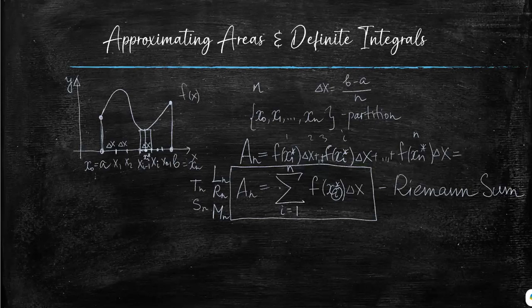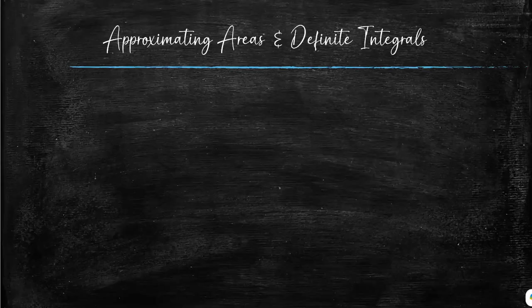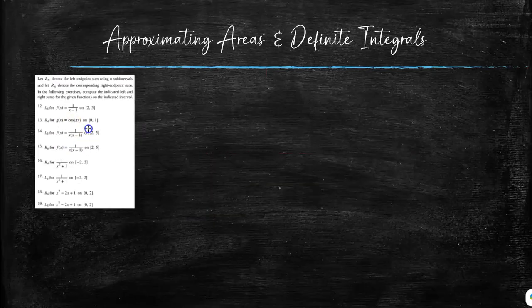And the first thing we want to practice is using Riemann sums, not to compute, but to approximate areas under the graphs of some functions. So this is what those problems are going to look like. I'm just going to bring some of them here.